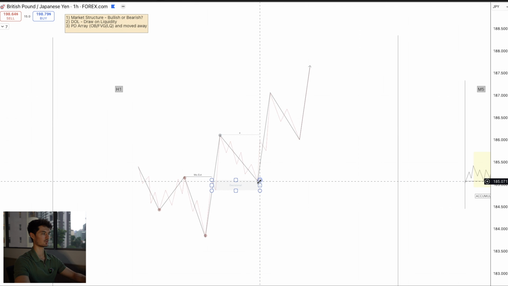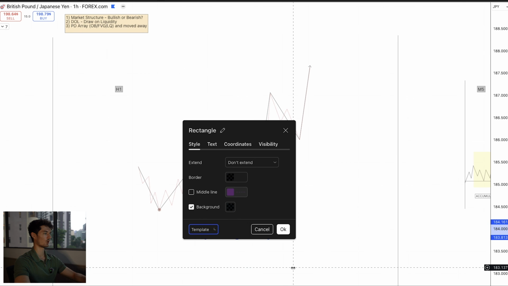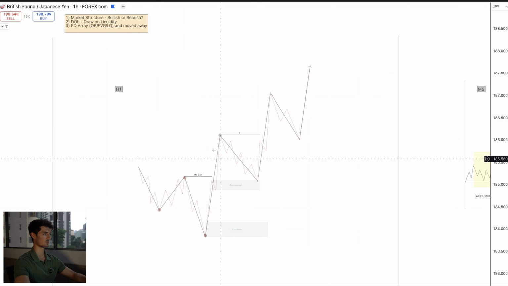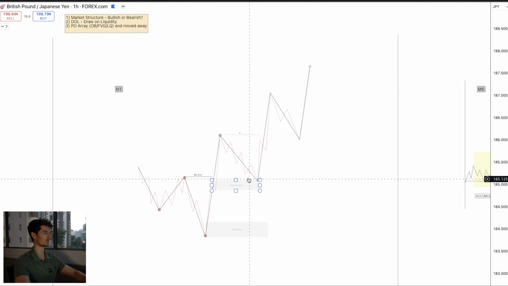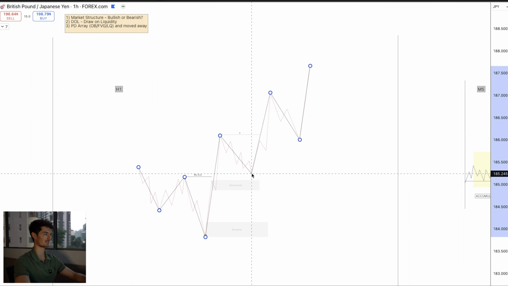So I will happily take longs off the back of that as long as it's supported by time and price. Then we have the extreme, which is where? At the origin of this price leg, from this low to this high. Okay? But there's one final area we also need to mark out, because the truth of the matter is price doesn't always need to pull back into that decisional.